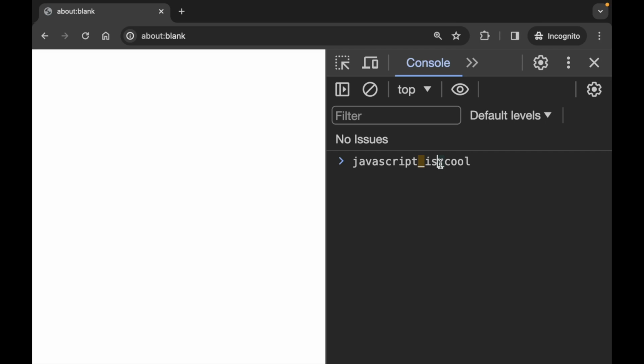So let's say 12,300. Notice here we have this underscore here to separate that number. We can also do that here as well, 12,300,500. Notice you can use those underscores there as well.